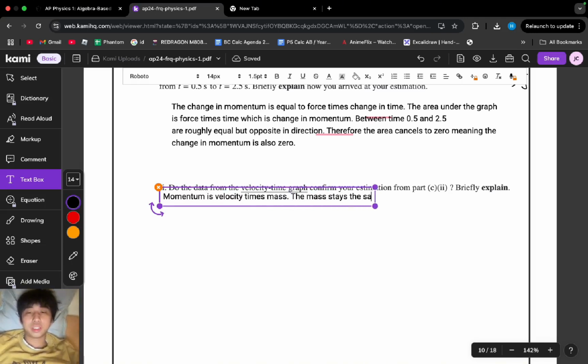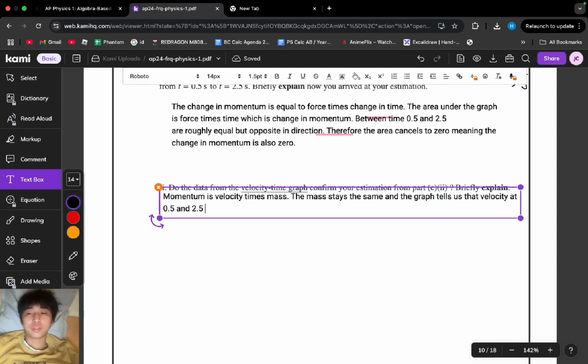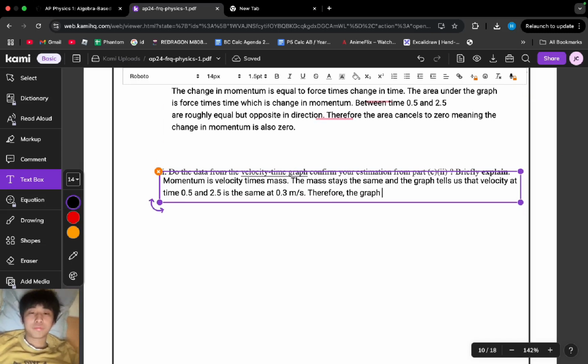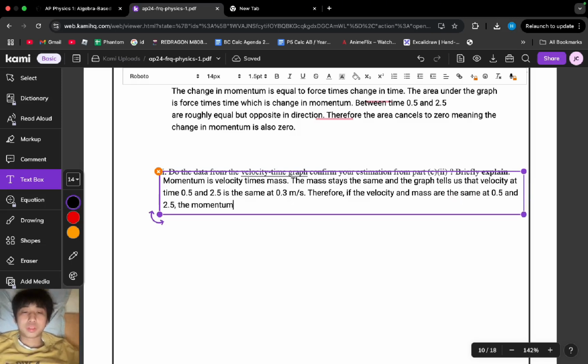The mass stays the same, and the graph tells us that velocity at 0.5 and 2.5 seconds is the same, 0.3 meters per second. Therefore, if the velocity and mass are the same at 0.5 and 2.5, the change in momentum is 0, which confirms what we got at C2. There you go. That's it.